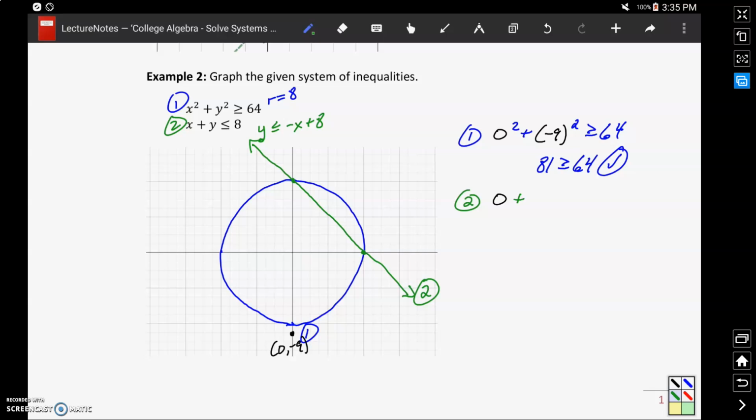And plugging both of those values into our second inequality to get -9 is less than or equal to 8, which is also true. So our solution will be this entire region outside the circle, and below that line represented by equation 2.